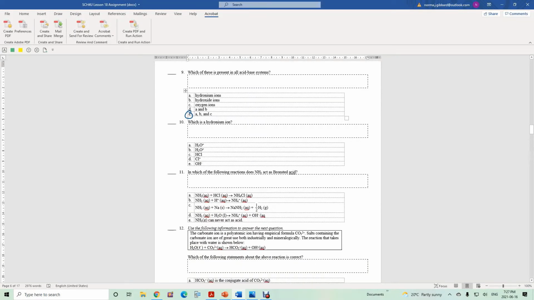So a hydronium ion is H3O plus. Now, in which of the following reactions does NH3 act as a Bronsted acid? And your answer for that would be C.